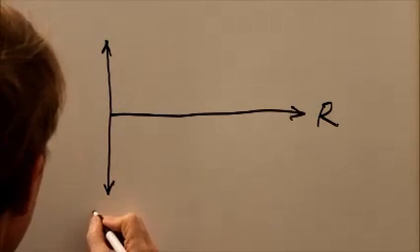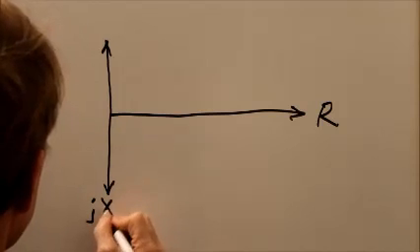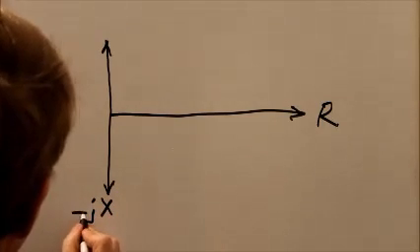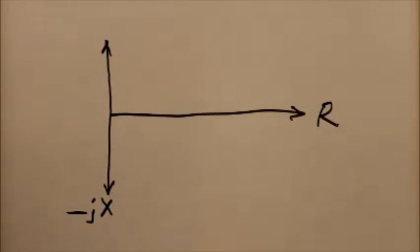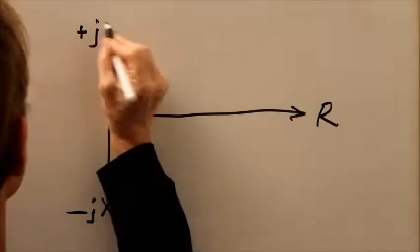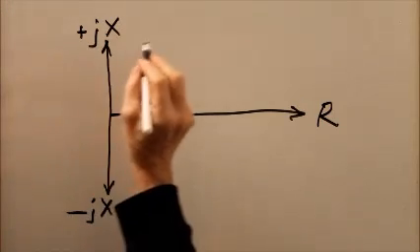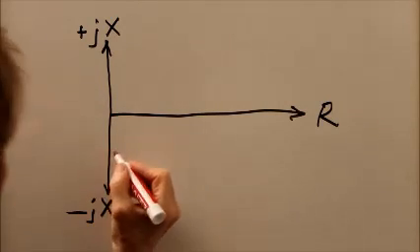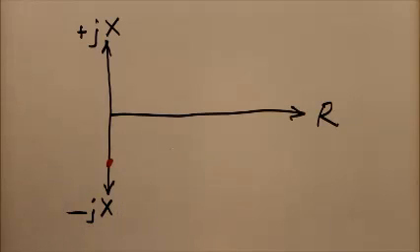We can have minus Jx, that is capacitive reactance, going downward along the imaginary number axis, plus Jx is inductive reactance, which goes upward. A pure capacitive reactance value will always appear as a point somewhere right along that negative vertical axis.